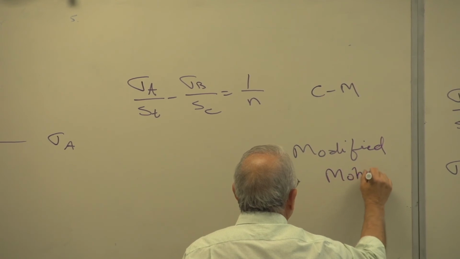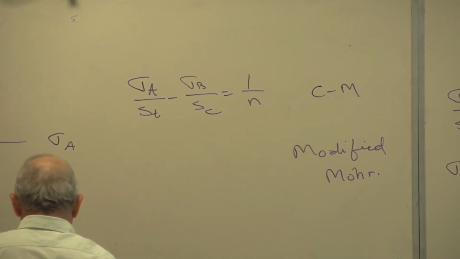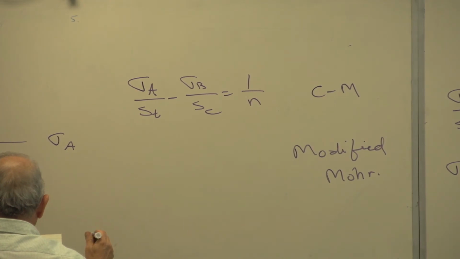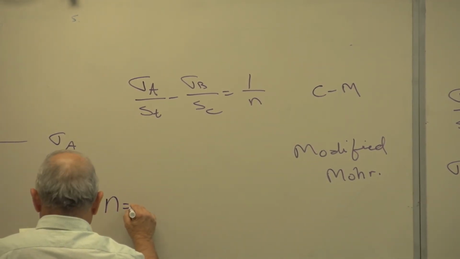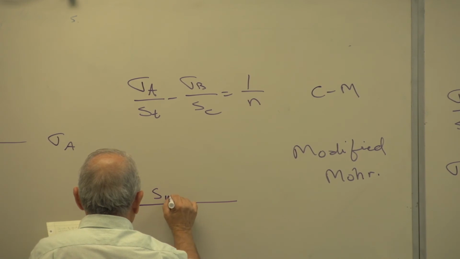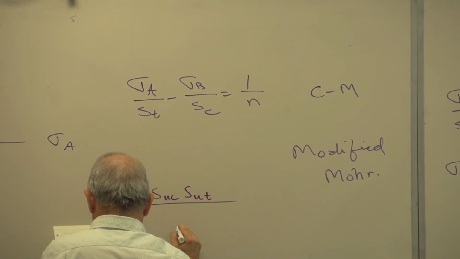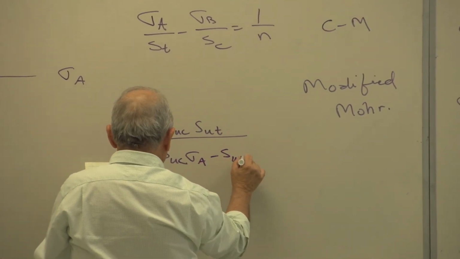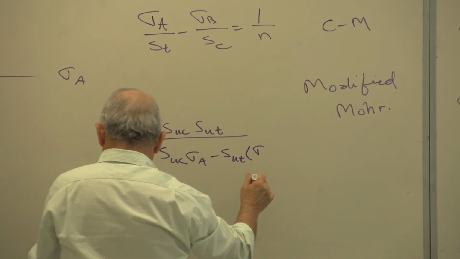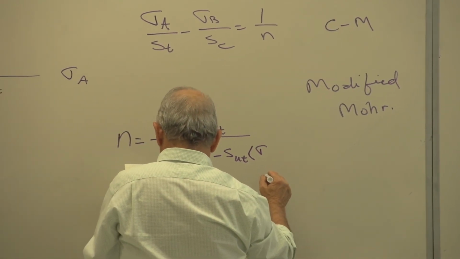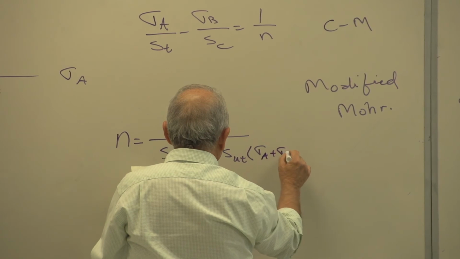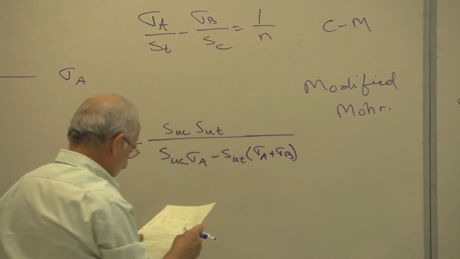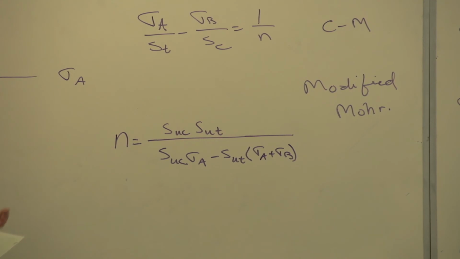Modified Mohr. N equals SUC SUT divided by SUC sigma A minus SUT times sigma A plus sigma B. Again, there are different forms of writing that equation, but that's your factor of safety with that.